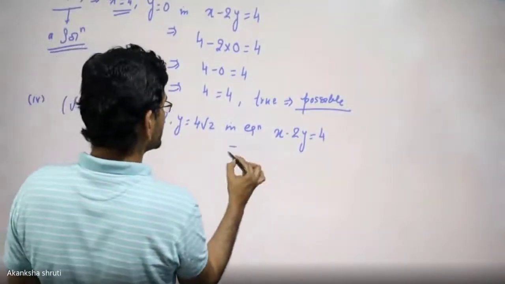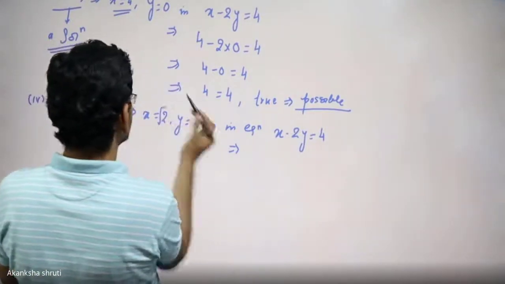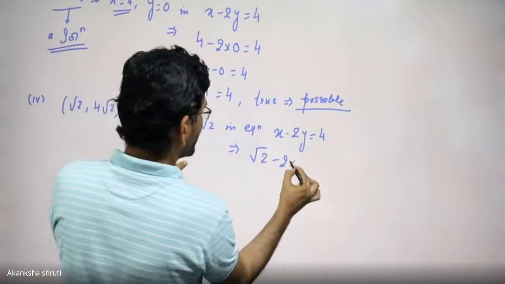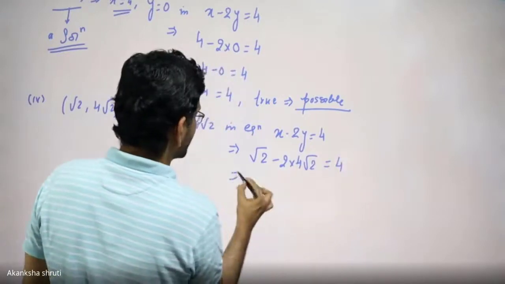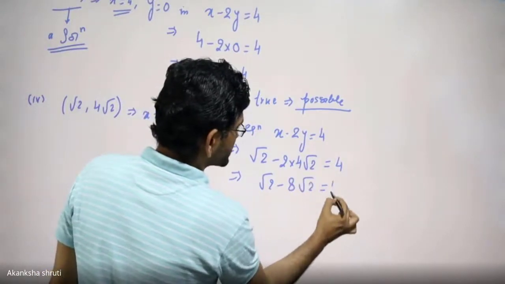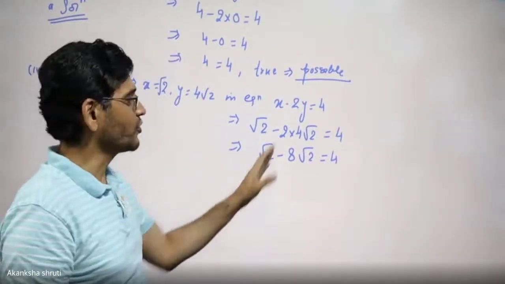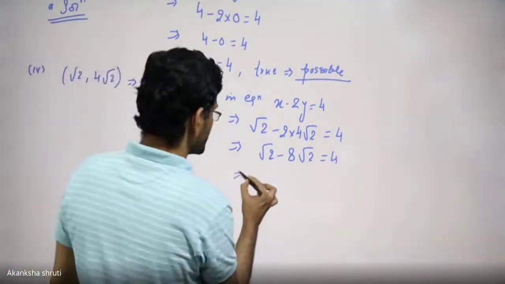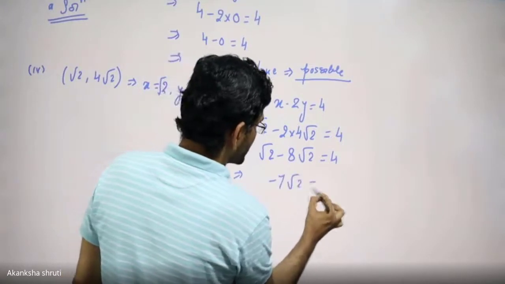Let us substitute it. x is root 2, minus 2 and y is 4 root 2, equals 4, right hand side we have carried. It is like root 2 minus 8 root 2 equals 4. So root 2 minus 8 root 2 is like 1 mango minus 8 mango, means minus 7 mango. So this root 2 will remain, but it becomes minus 7 root 2 equals 4.